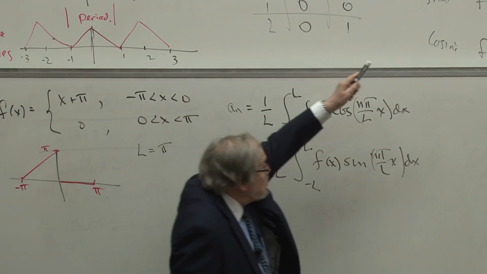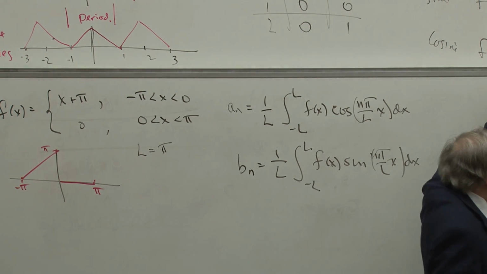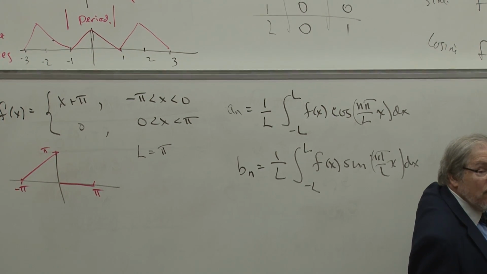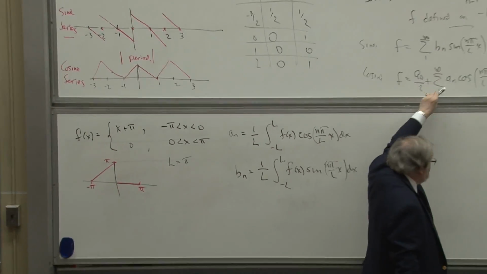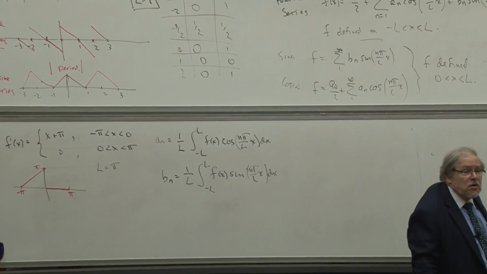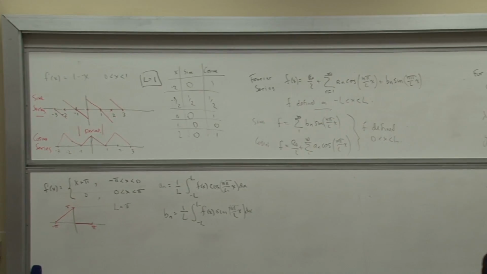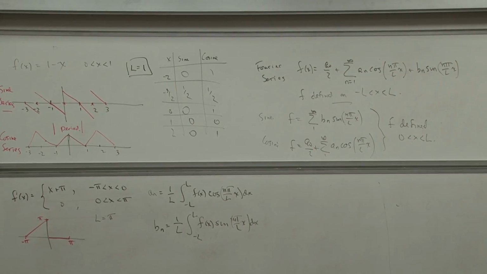The reason to use A0 over 2 in the full Fourier series or the cosine series is so that you don't have to remember an extra formula for A0.